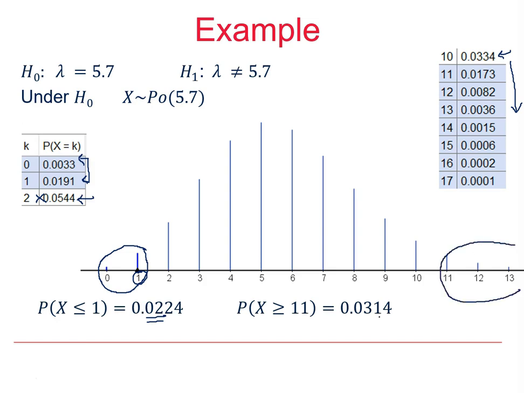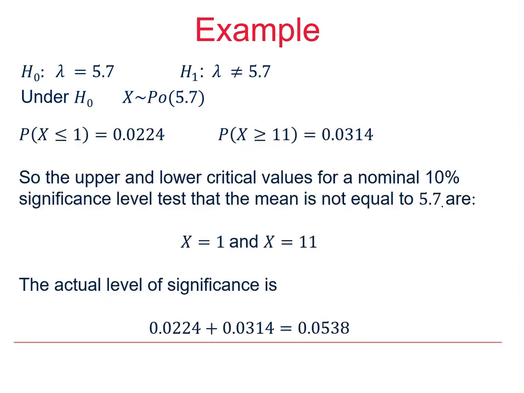The probability of getting 11 or more is 0.0314, which is less than the 5% probability we need for that extreme tail. And so our critical values are 1 and 11. Our critical region, our region where we would reject, would be 0 and 1 or 11 and more.